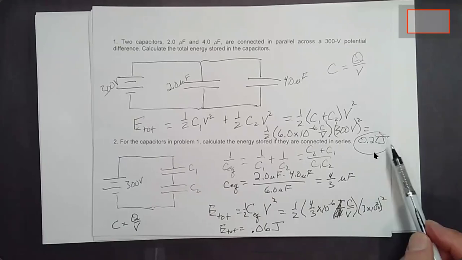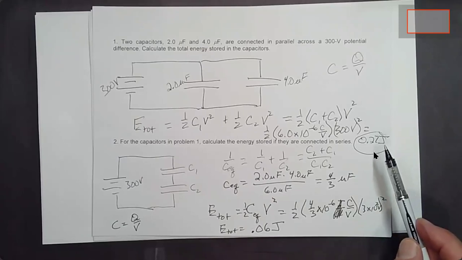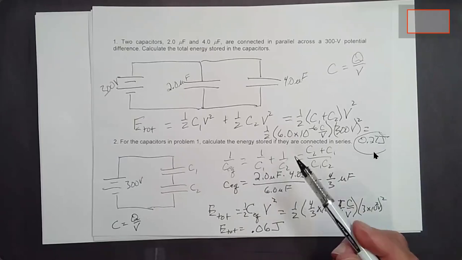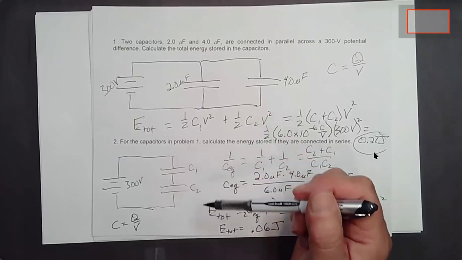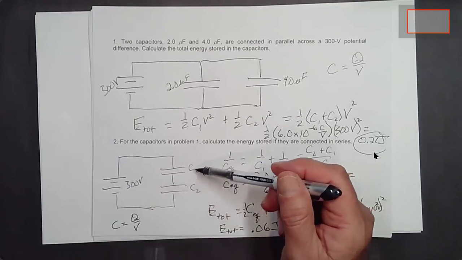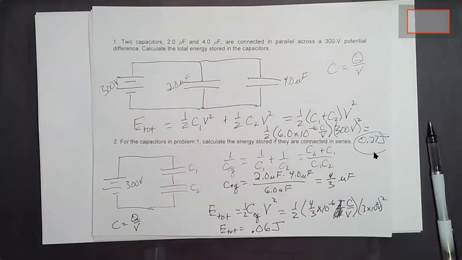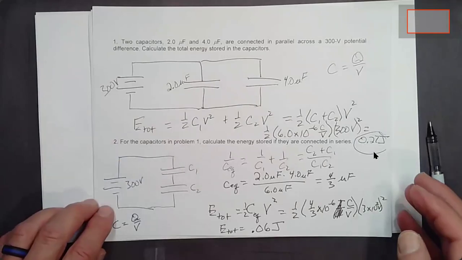Okay, so less than 1/4 of what we had before. And when you have things in series like capacitors, that equivalent capacitance always ends up being smaller than the smallest of them. Kind of like when you have resistors in parallel, the equivalent resistance ends up being less than the smallest of the resistors that you have.